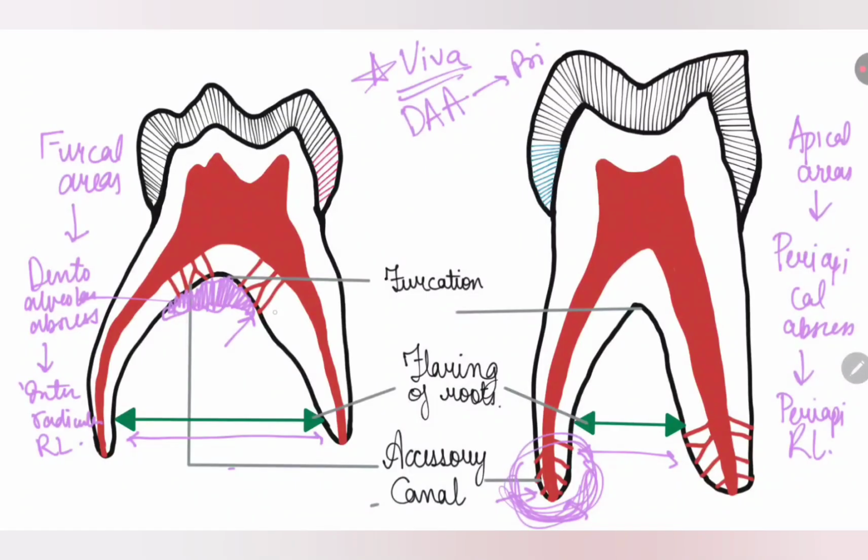So the spread of infection is more in the furcal area, leading to the dentoalveolar abscess. Whereas in permanent teeth, the accessory canals are present in the apical area. So the periapical abscess is more common in the permanent teeth, right? We are not forgetting this at all. This is the most important viva question in periodontics.